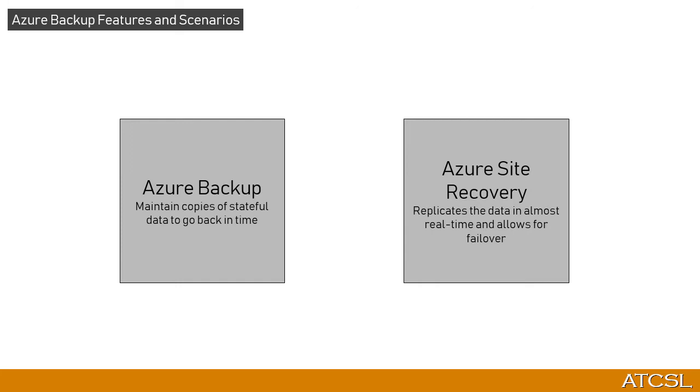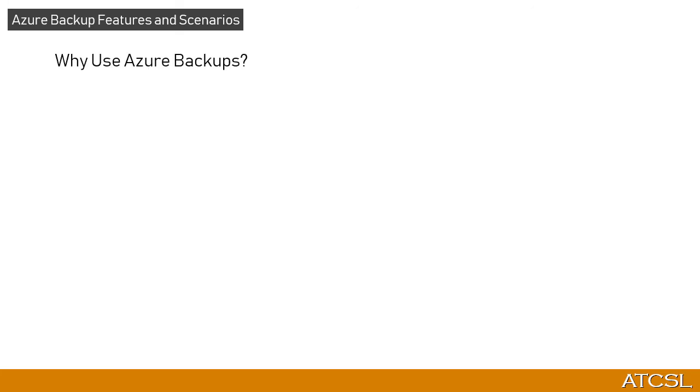For a region-wide disaster, such as a natural disaster, site recovery is used. Backups are used in cases of accidental data loss, data corruption, or ransomware attacks. Additionally, the choice of a recovery approach definitely depends on the criticality of the application, RPO and RTO requirements, and the cost implications. Why use Azure Backups?